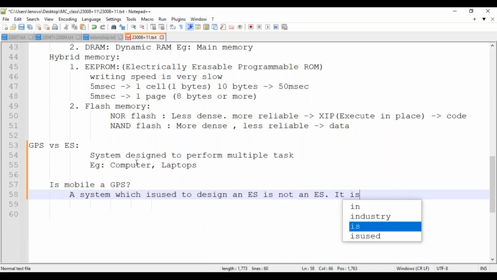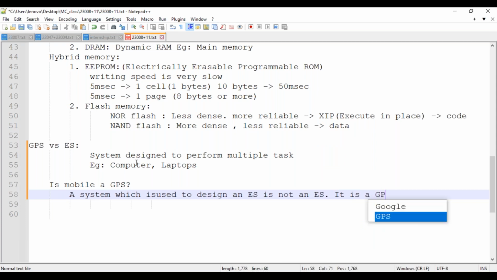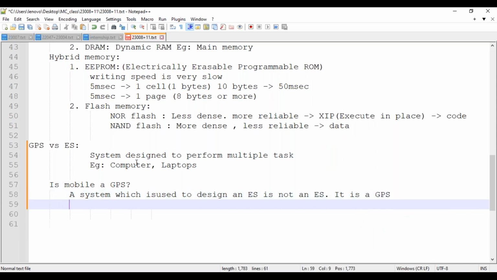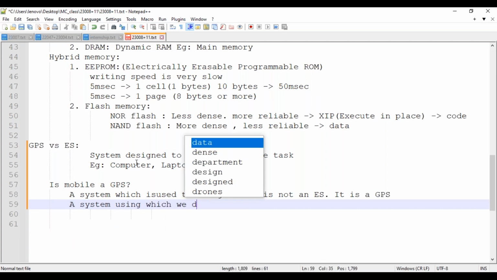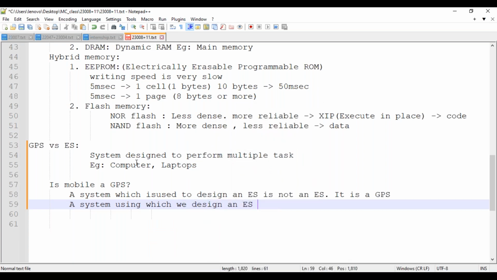So it is a general purpose system, or I would say a system. Okay, a system using which we design an embedded system is called a general purpose system. Okay, so I am making two statements.